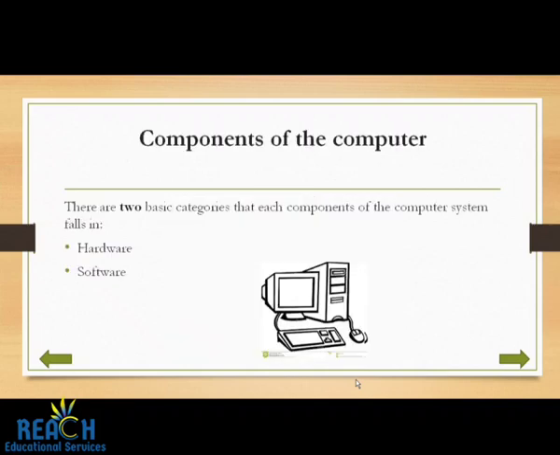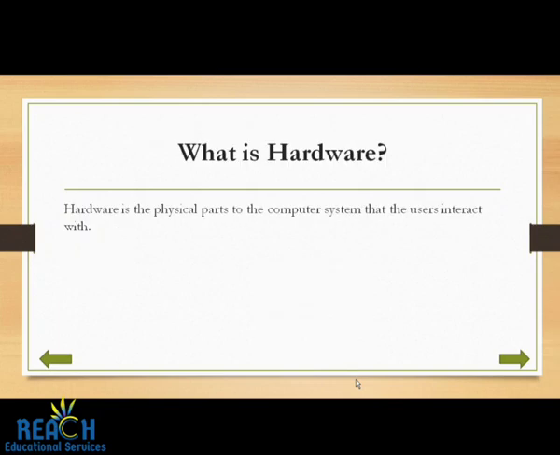So there are two basic categories that each component of the computer system falls into. Those are hardware and software. Have you ever heard about hardware and software before? Think about it. What do you think the hardware is? Well, the hardware is the physical part of the computer that the user interacts with.